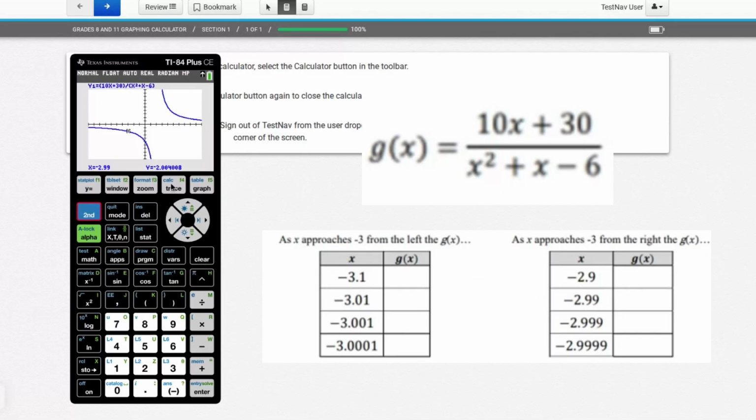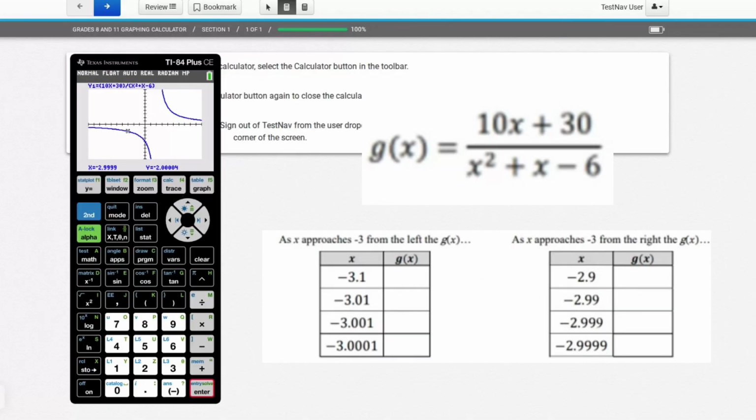Then second calc value, -2.999, enter. That's basically -2.0004, which rounds to -2, and I know what's going to happen when I do that last one right there. It's going to be -2.9999, and it's going to round basically right out to -2.